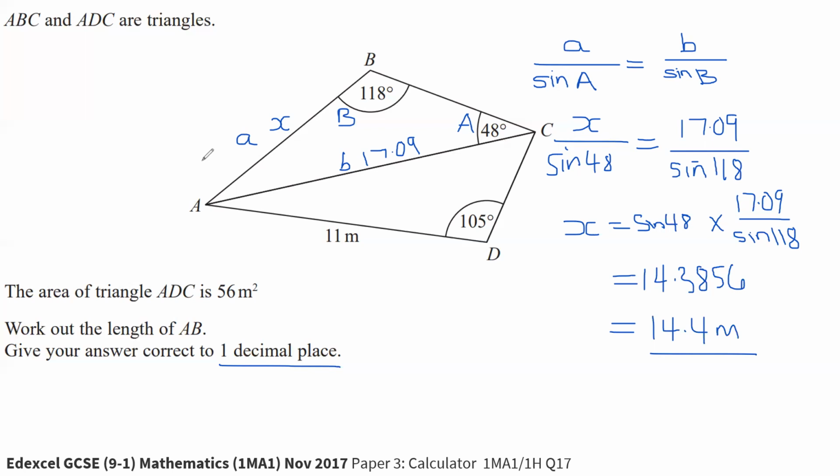So hopefully you were able to follow that all the way through. I appreciate that it was a really challenging question, but hopefully this has simplified it somewhat. I think the key really challenging bits that most people will find most difficult are realizing what rules you need to know, and realizing that you've got to start by working out the side lengths and the angles of this triangle before you can get anywhere near finding out what x is.